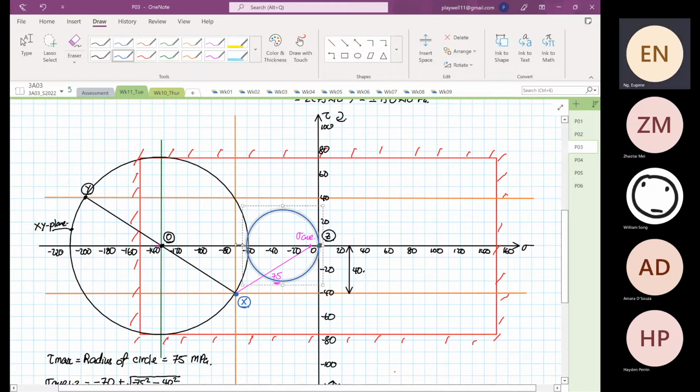So this is one of the circles, and this circle belongs to our XZ plane.